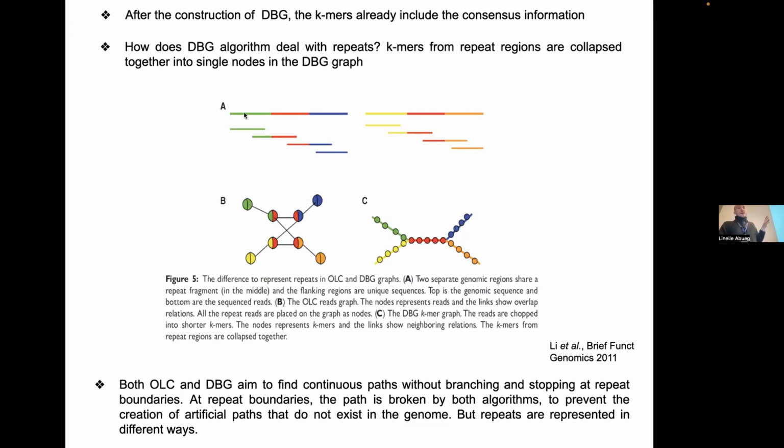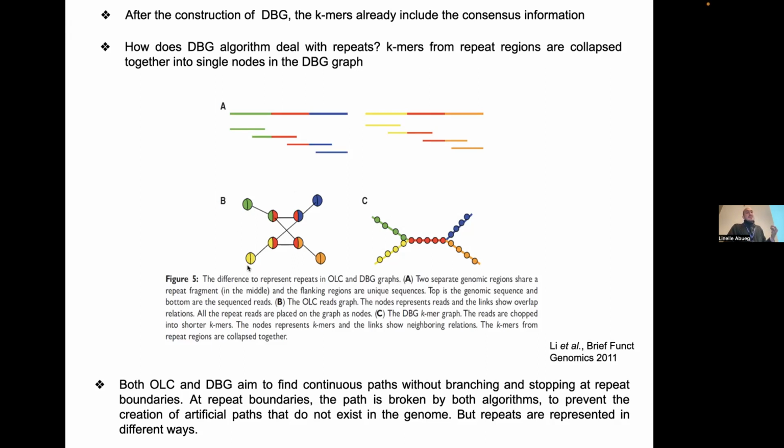So here again, you imagine you have this region of the genome, which in green and blue is the unique portion of it. And there is another region of the genome that has, again, a unique portion in yellow and in orange, but then there is a red region that is common to both. And it's the repetitive element. So if you build an idealized OLC graph from this region, this is how it's going to look in OLC space, whereas in the De Bruijn graph space, it's going to look like this.